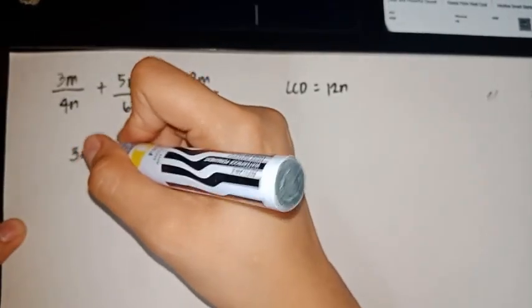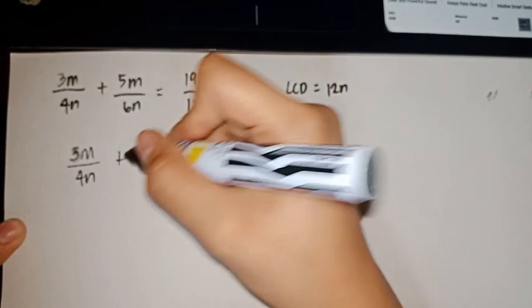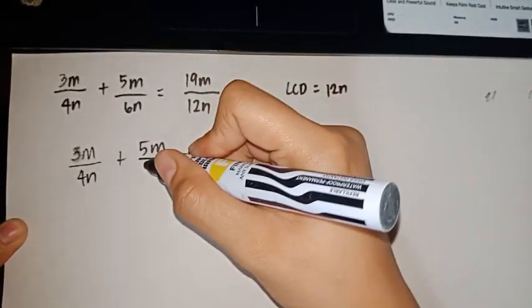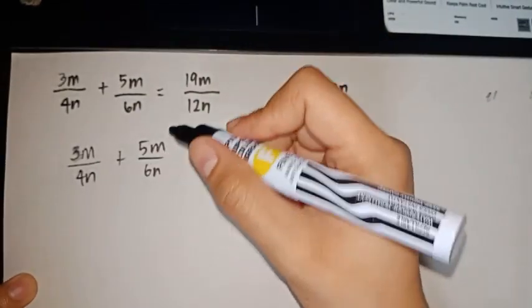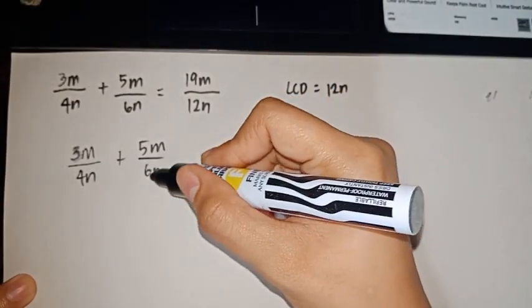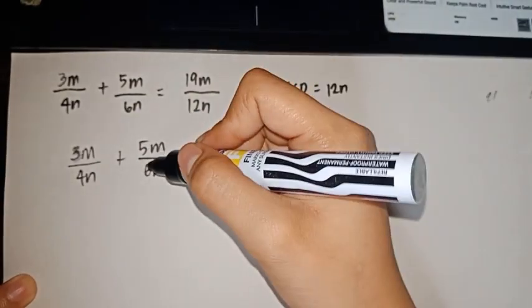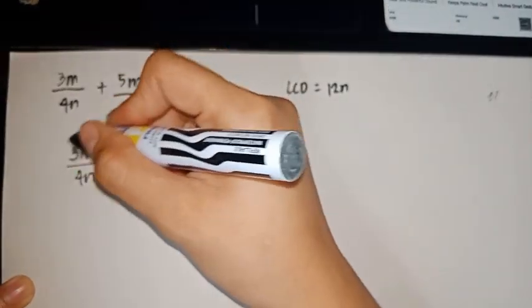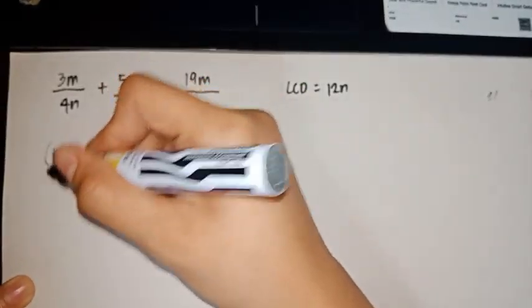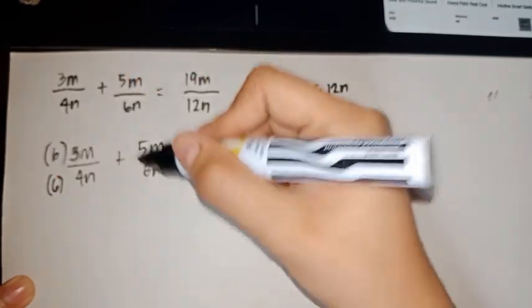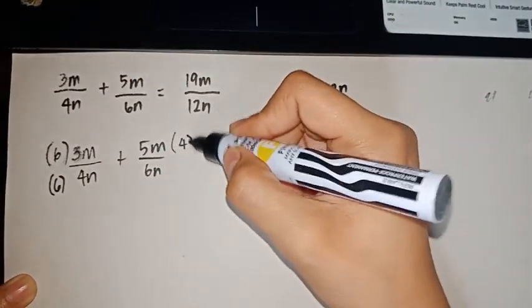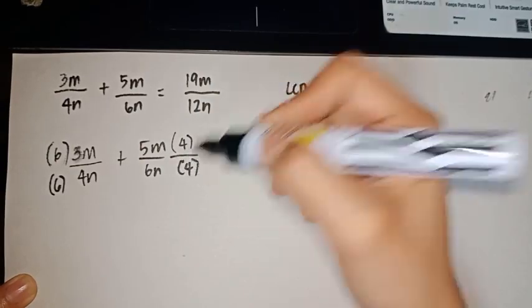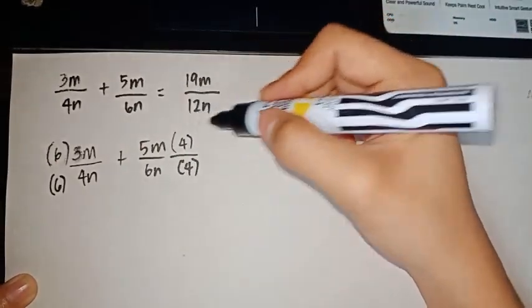We have 3n over 4n plus 5n over 6n. For this one, I have 6 here. I will multiply this fraction by 6. And on the other side, I have 4, so I will multiply this by 4. And then we will come up with the same answer.